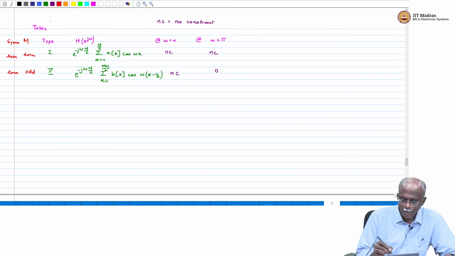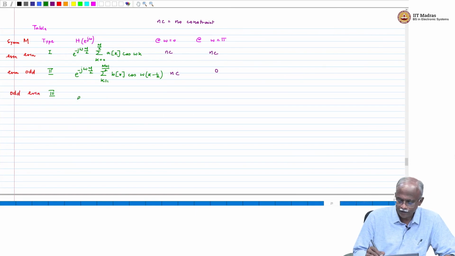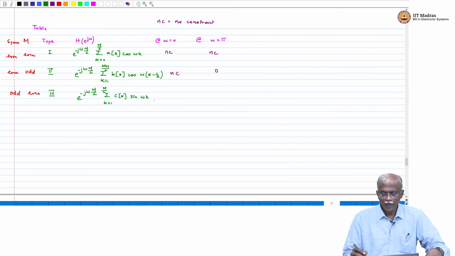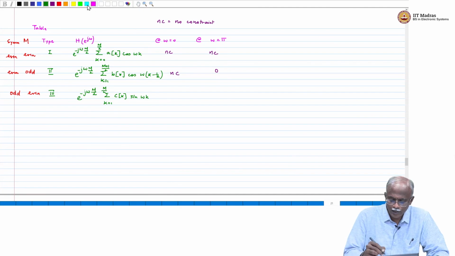Okay, type 3. Type 3 is even order, odd symmetry, and the expression that we have is e^{-jωM/2}, summation k equal to 1 through M/2 of c[k] sine ωk, and this was the one that has got double constraint.